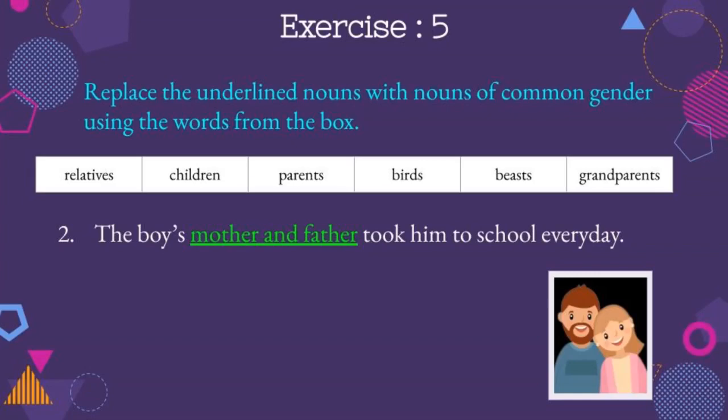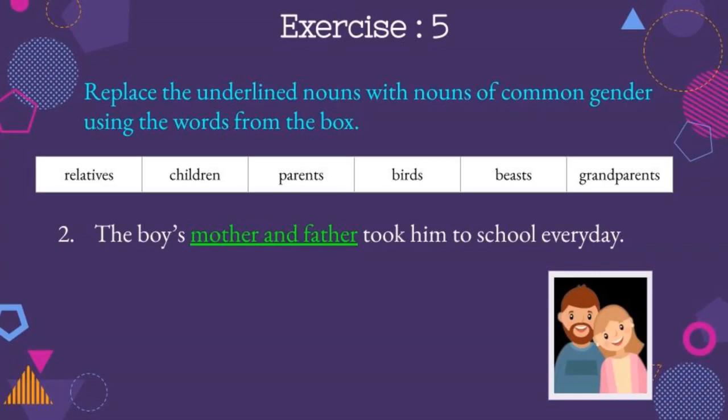As I said, uncle, auntie, sisters, brothers, cousins come under the category relatives. We have already used children for the first one. And then parents. Oh yes, you're right. Mother and father come under the category parents.